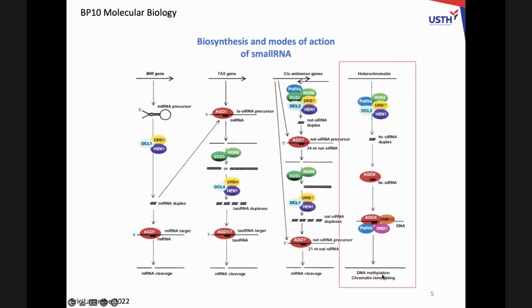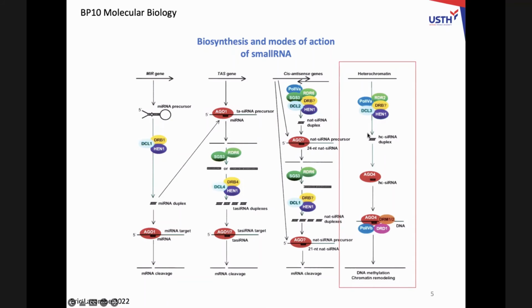Okay. So you see here, it's becoming very, very complex. We are talking about small RNA, and the mode of action of this small RNA is going to target specifically some part of the genome in order to process DNA methylation and chromatin remodeling.